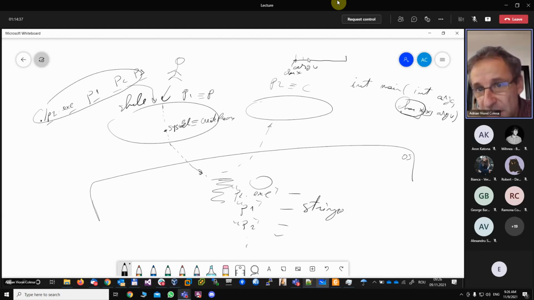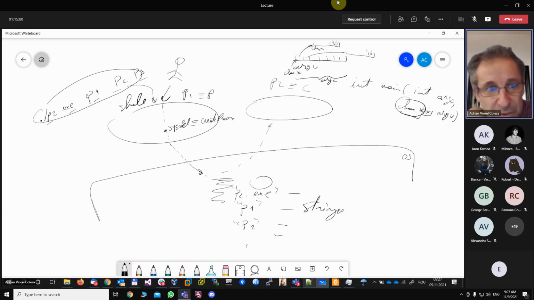So each element is a char pointer to a null-terminated string, and another pointer to another null-terminated string, okay? A \0 terminated string. That's argv0. Then we have, the same way, argv1, and the number of these pointers here is argc, okay?